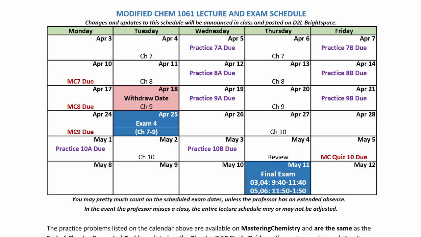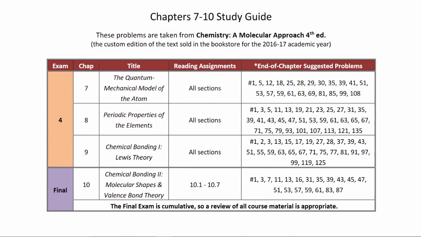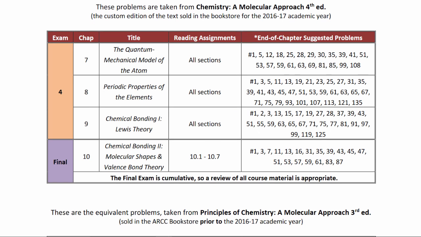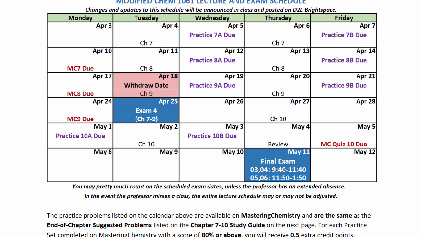So Mastering Chemistry Chapter 7, 8, 9, and 10 we have the due dates for. The practice problems are ones that are identical to these problems here. So the ones that are listed here as practice problems, those are identical to these here, and I have selected them and placed these into Mastering Chemistry as well.